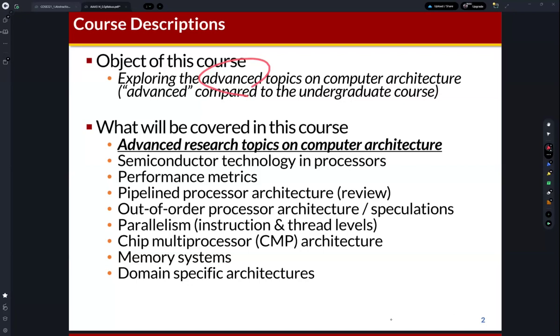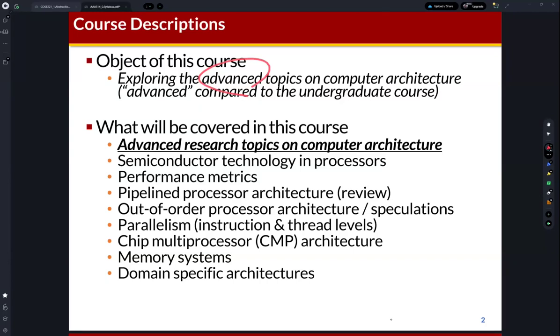So firstly, I will cover it briefly. I'm not an expert in the semiconductor-related area, but I will briefly explain some semiconductor technologies on the processes.